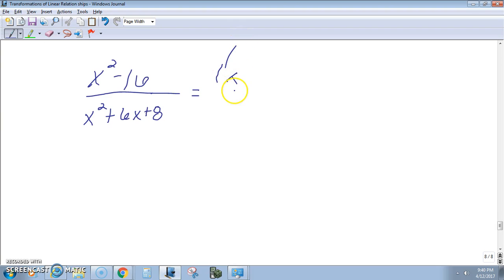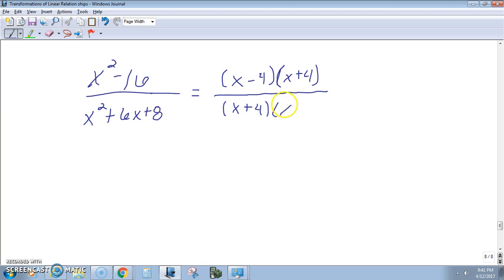If I factor the numerator, we're going to have x minus 4 times x plus 4. You can check that if you want by multiplying them together using our area method or the squares. In our denominator, two numbers that add up to be 6 and multiply together to be 8 should be x plus 4 times x plus 2, right?